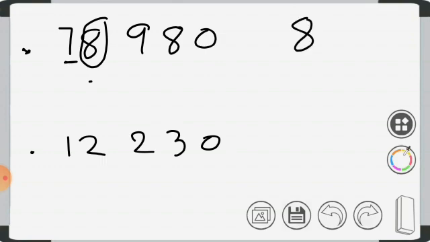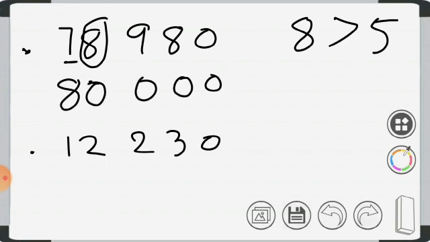As 8 is greater than 5, we will move on to the nearest bigger 10,000. So what is the bigger nearest 10,000? That is 80, and the other numbers will be zeros. Now we will round off the second number to the nearest 10,000.